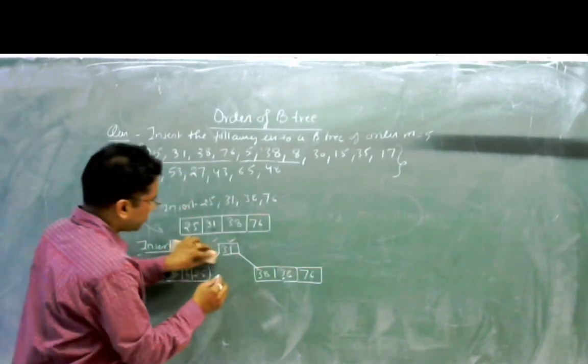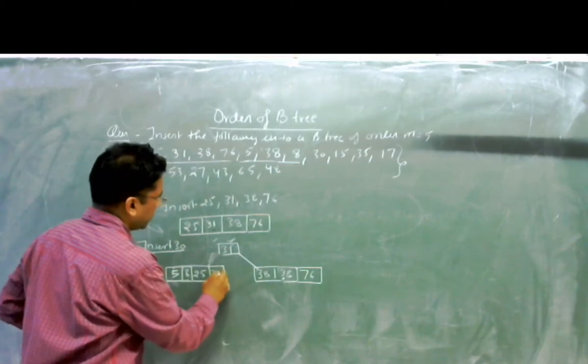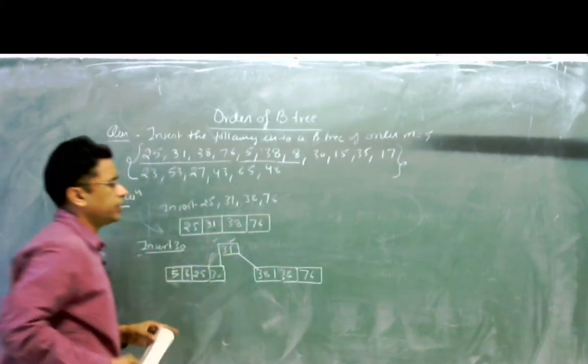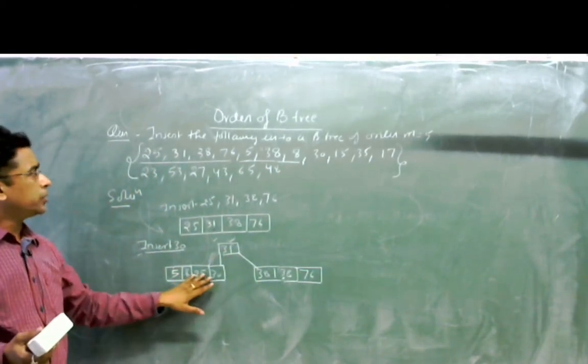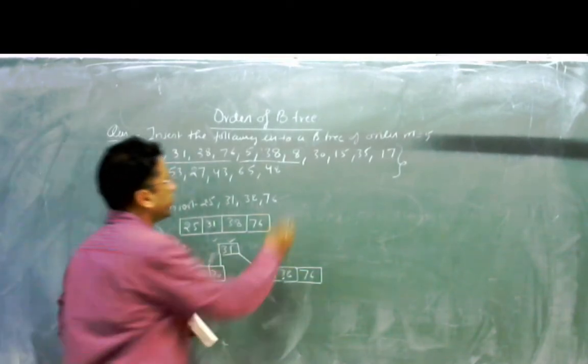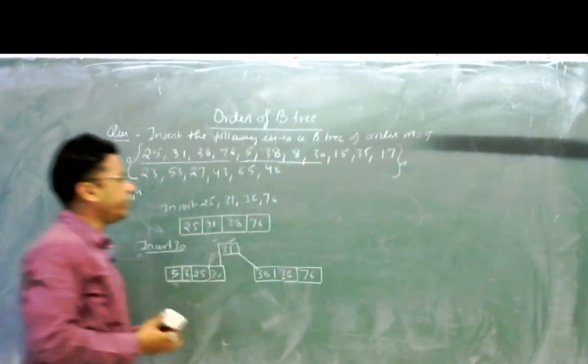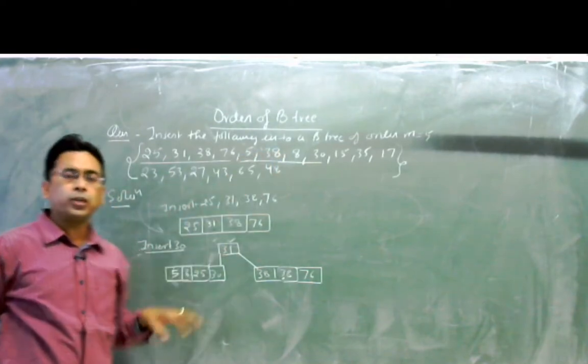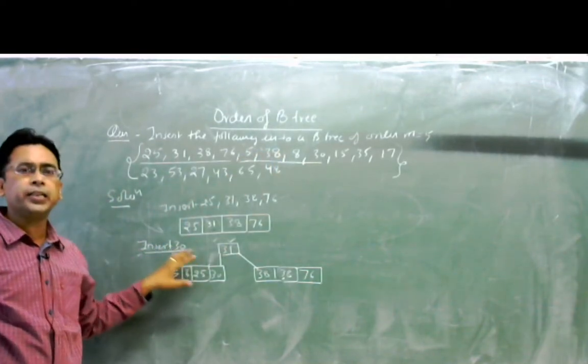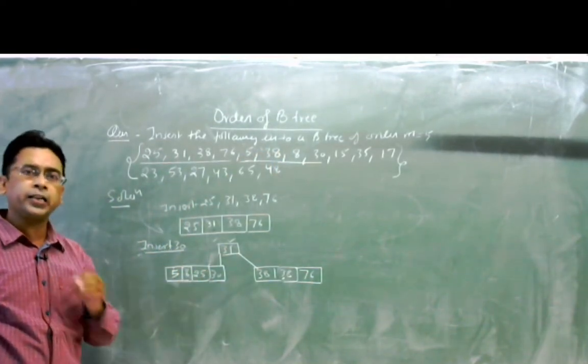So 30. Right? Like this. Now the next element is 15. Before this, when we tried to insert, these elements could be inserted easily because they are under the limit.